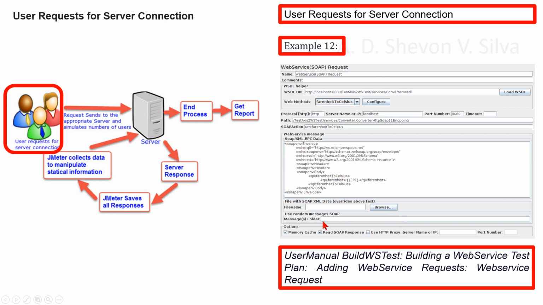An important note on the sampler: it will automatically use the proxy host and port passed to JMeter from the command line. If the fields in the sampler are left blank, it will use those.